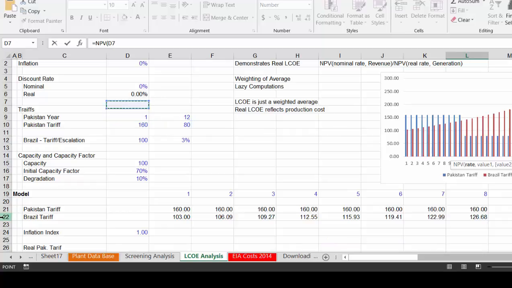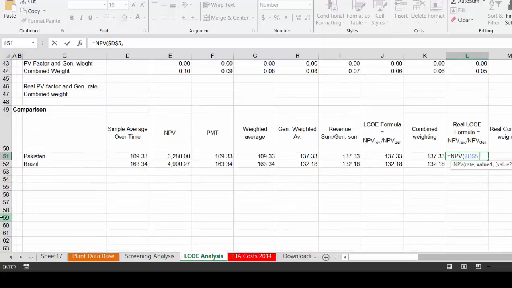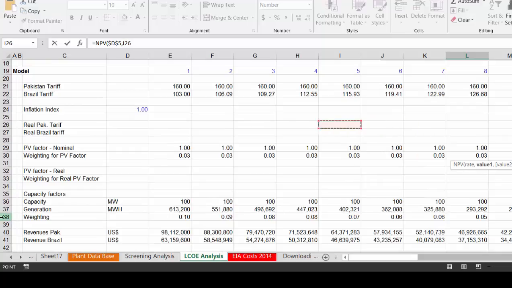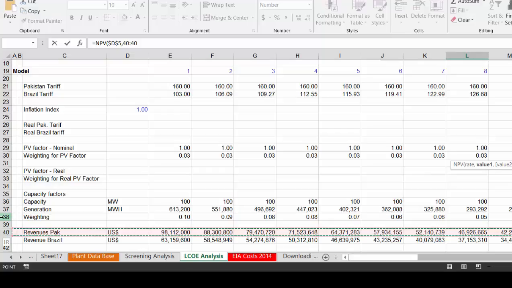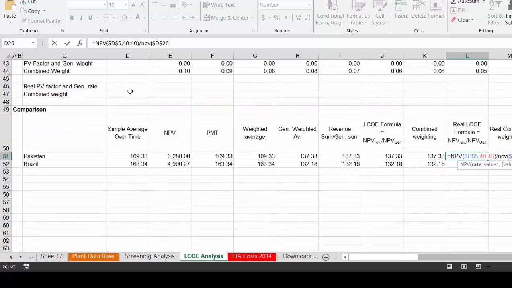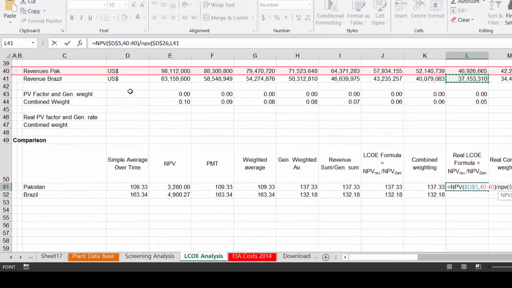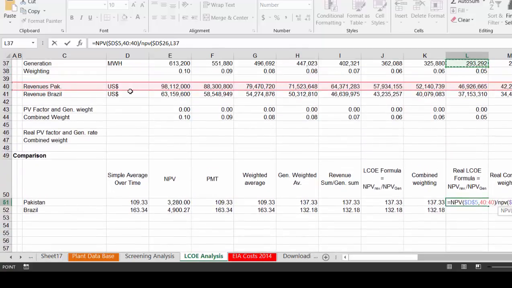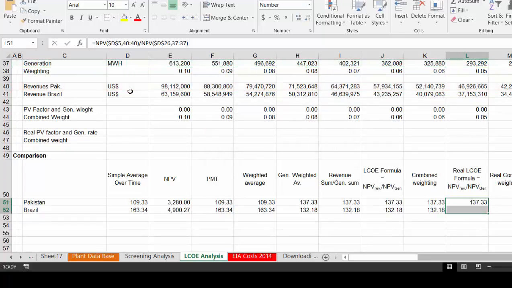So we put the NPV in, and then put the revenues in, so we take the NPV against the revenues, and close that, and divide it by the NPV, and we use the same discount rate, F4, and take the generation, and this time, for once, maybe I'll be okay, and we get exactly the same result.